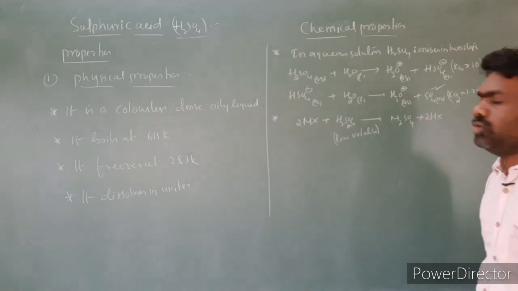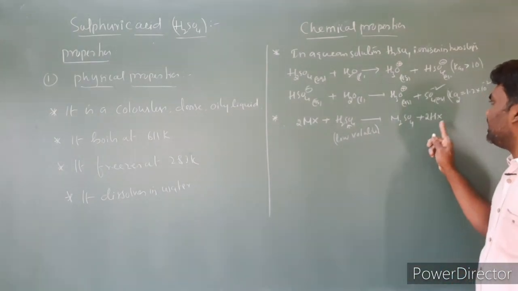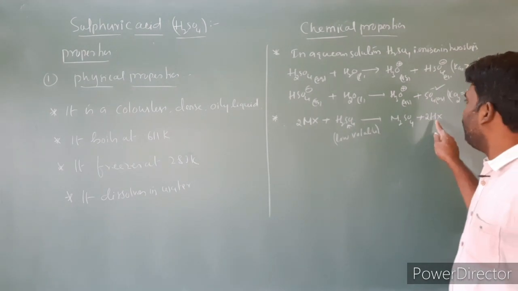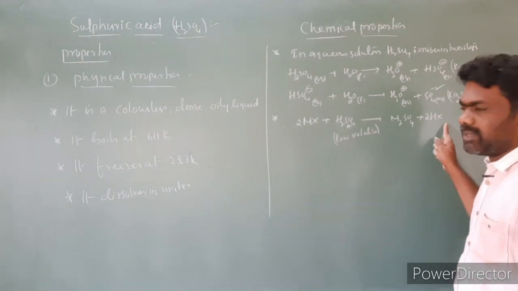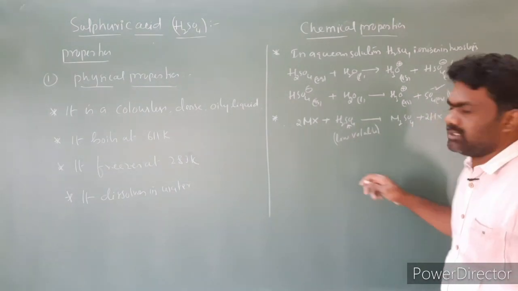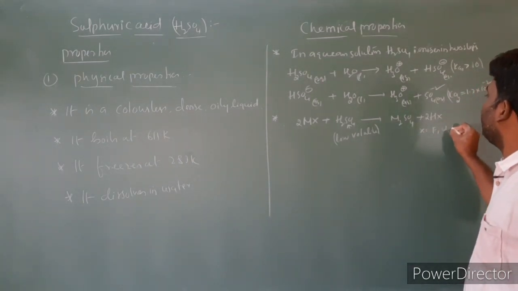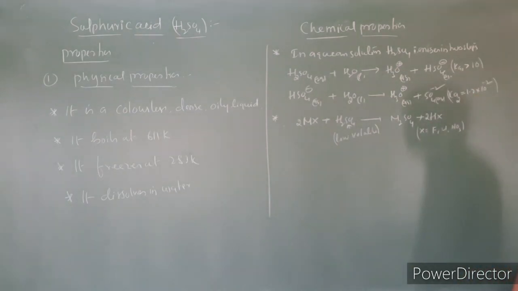Sulfuric acid is a low volatile liquid, and HX is a high volatile liquid. So high volatile acids are prepared from a low volatile acid. Here X can be fluorine, chlorine, NO3, etc. So this is another property.